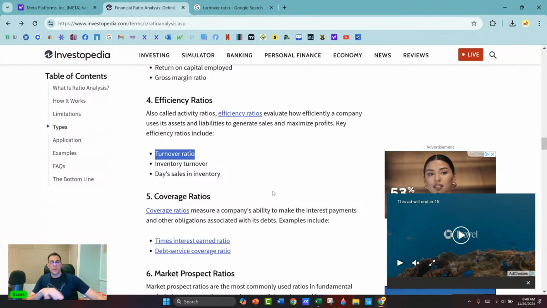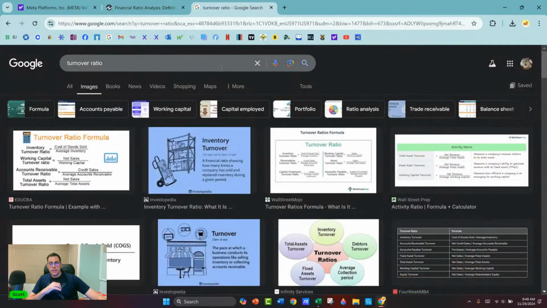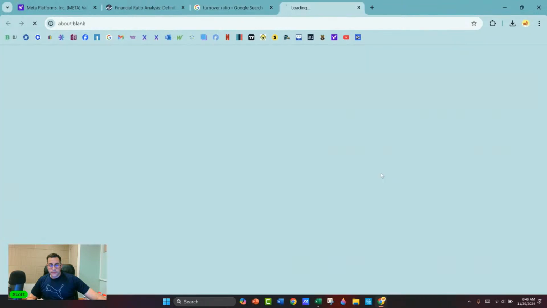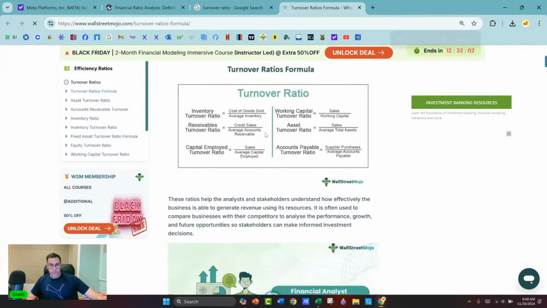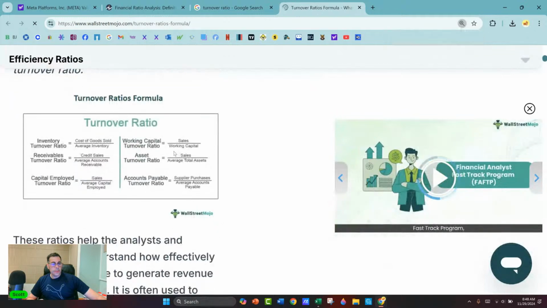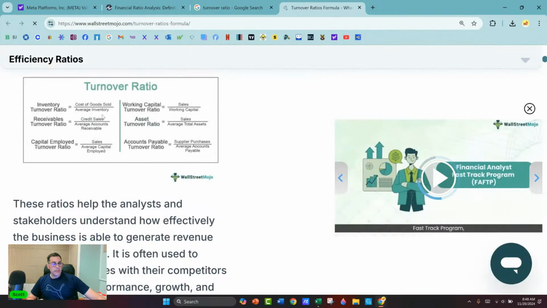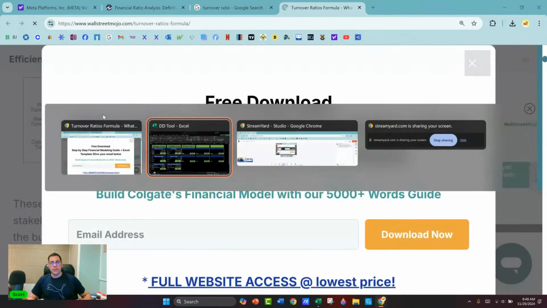They have you memorize all the ratios. So turnover ratio, of course, I forgot some of them. I don't use them every day. Inventory turnover.